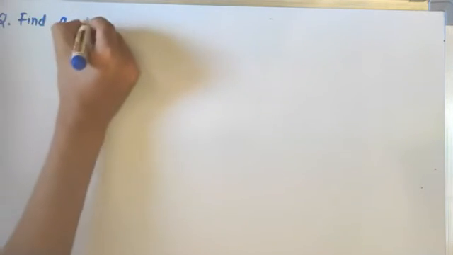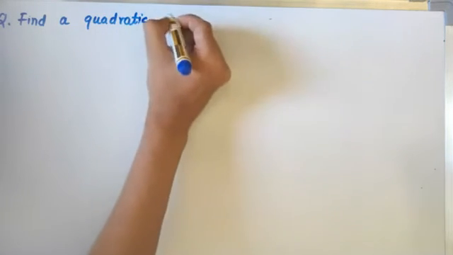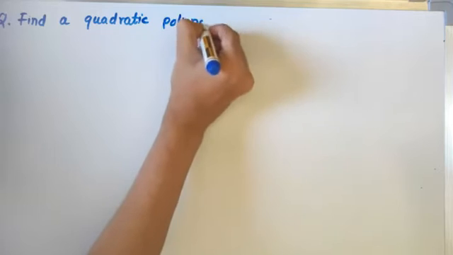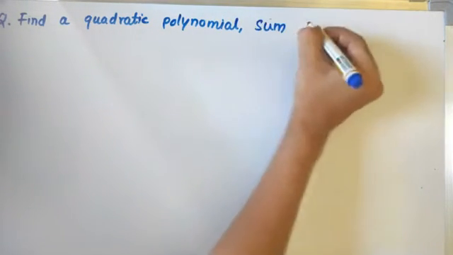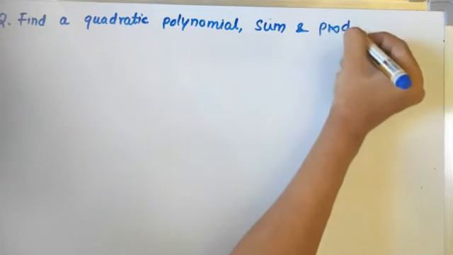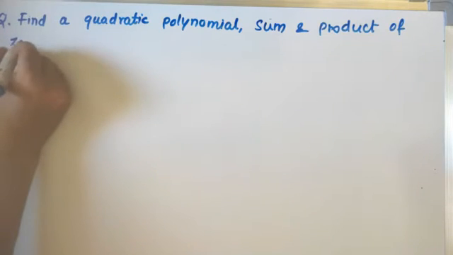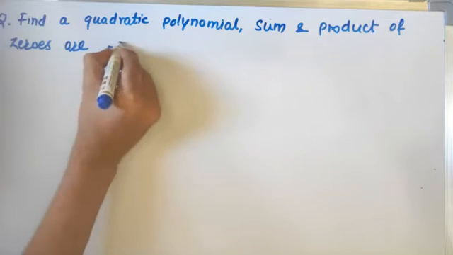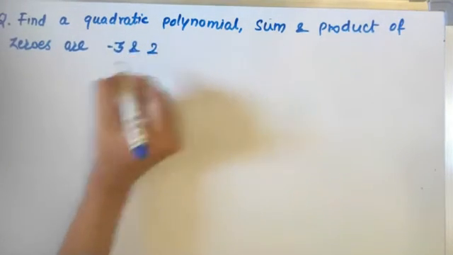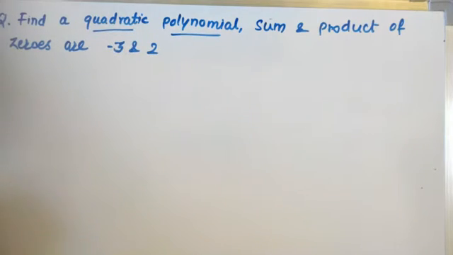Question is: find a quadratic polynomial whose sum and product of zeros are minus 3 and 2. What we have to find out? A quadratic polynomial we have to find out.